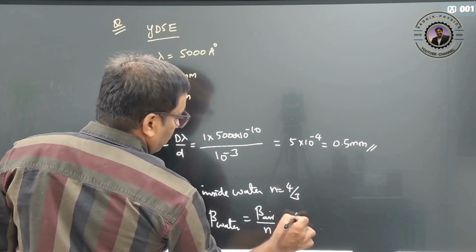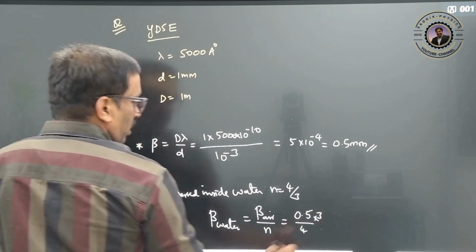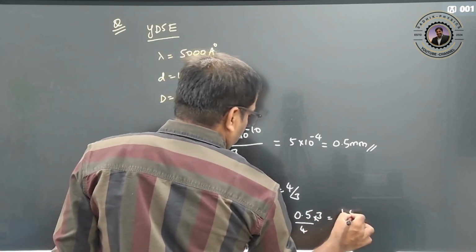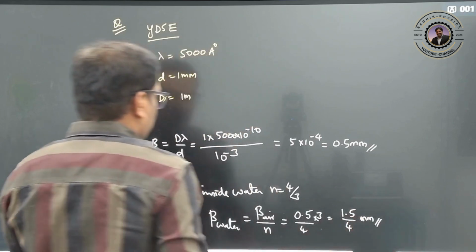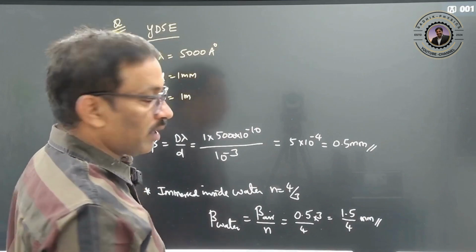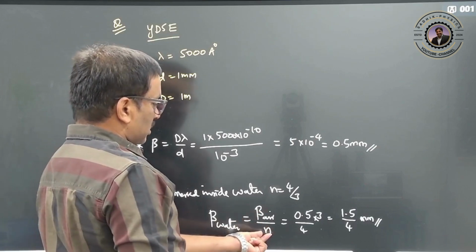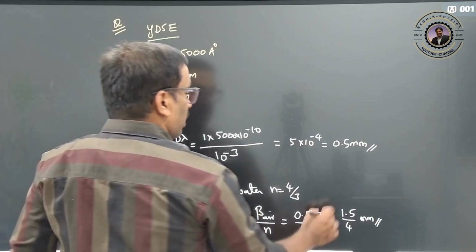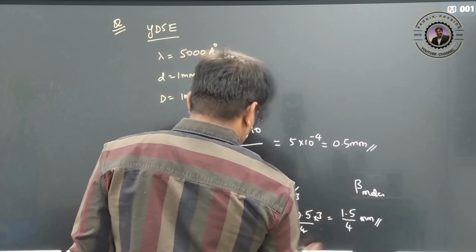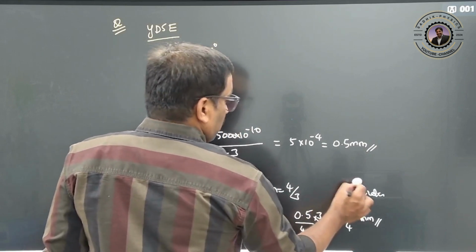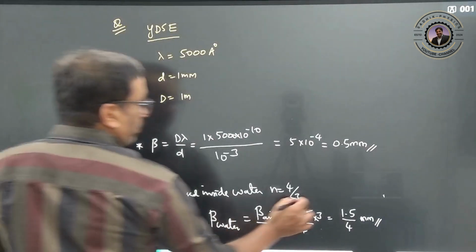So 0.5 divided by 4 by 3, that is 1.5 by 4 millimeter will be the fringe width. Now, what happens when it is immersed in water? The refractive index is larger than 1, so the fringe width in a denser medium decreases.